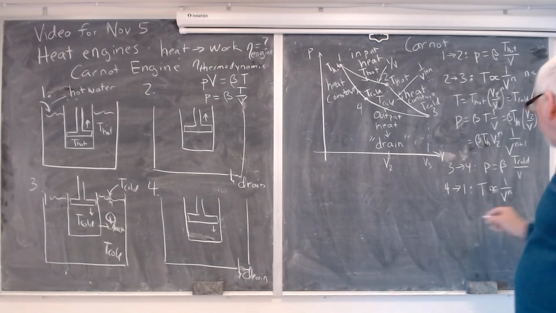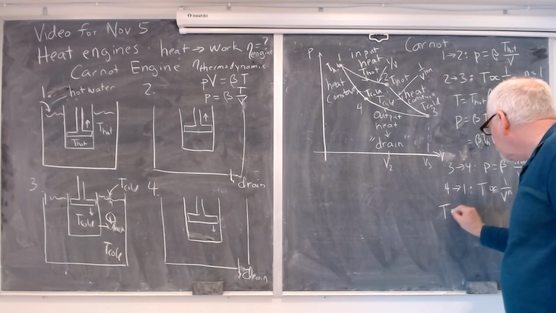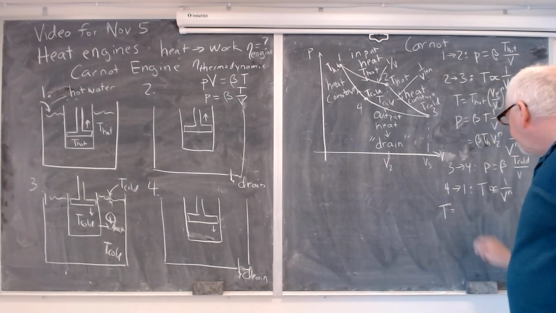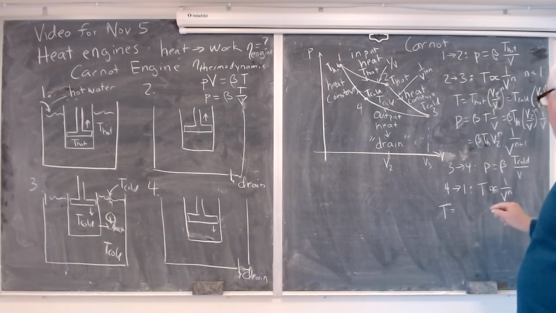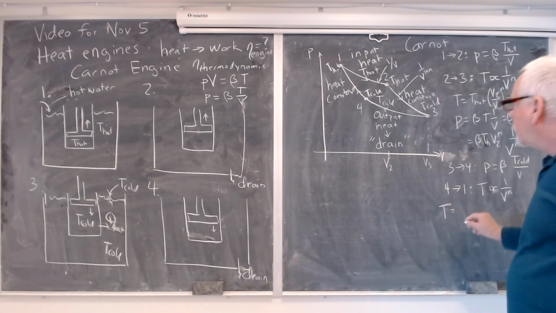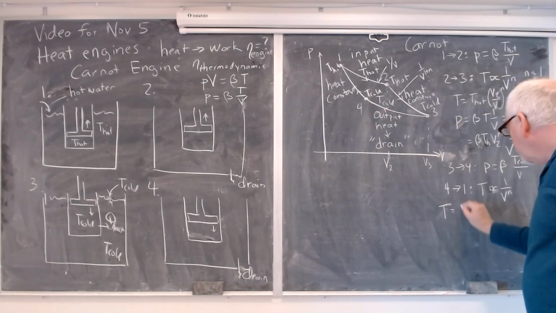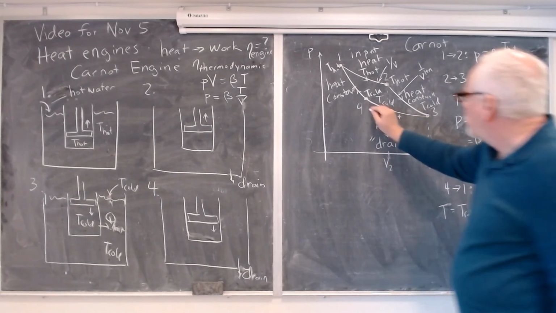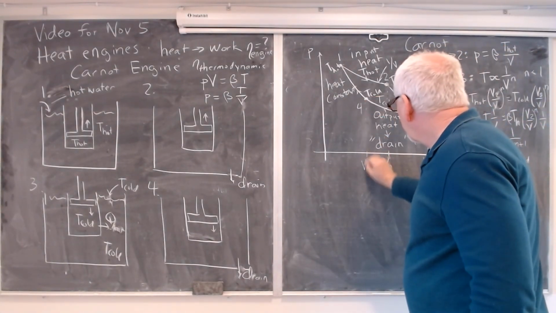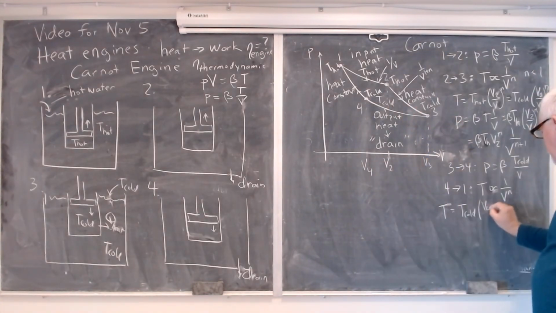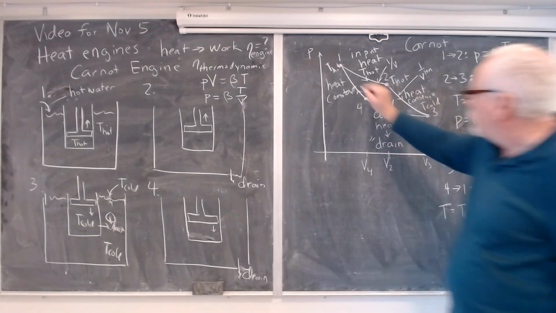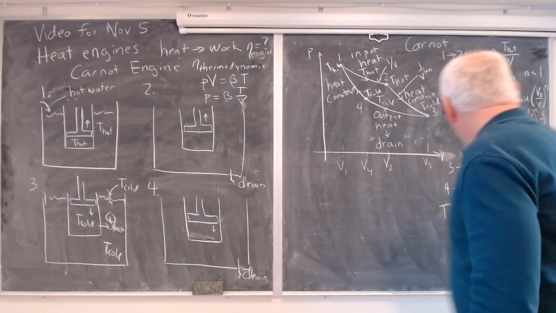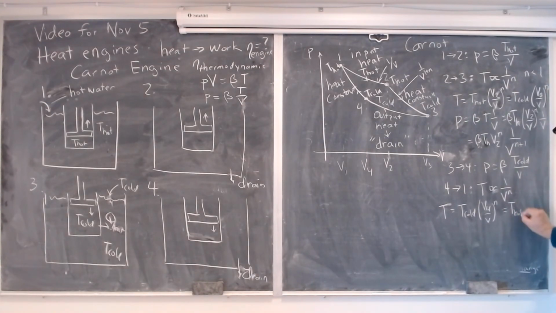And so, again, I can write my actual equation as T is equal to, so at this point it's T cold, and that's V4. But it's also equal to T hot times V1 over V to the n.